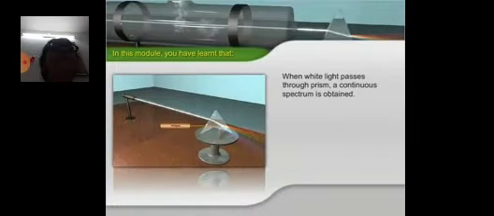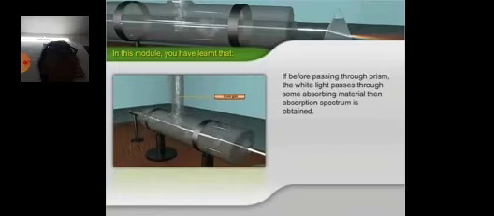So in this module, you have learnt when white light passes through prism, continuous color bands are obtained. If before passing through prism, the white light passes through some absorbing material, the radiation is absorbed.